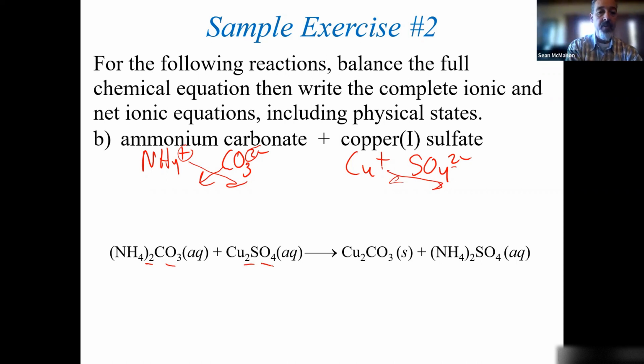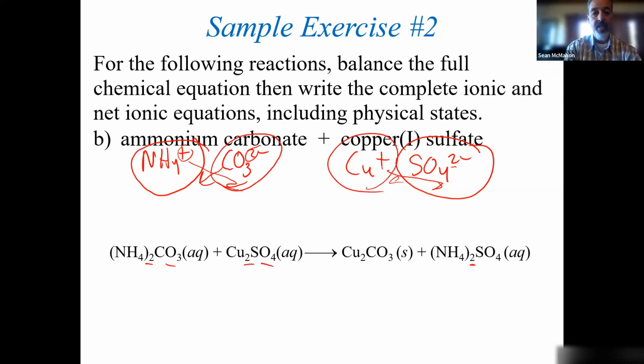Now, when I group the ammonium with the sulfate, ammonium's +1, sulfate's 2-, so I need 2 ammonium. When I group the copper with the carbonate, this is copper's +1, this is 2-, I need 2 copper 1s. When I go to my solubility rules, why is this aqueous? Because carbonates are typically insoluble.